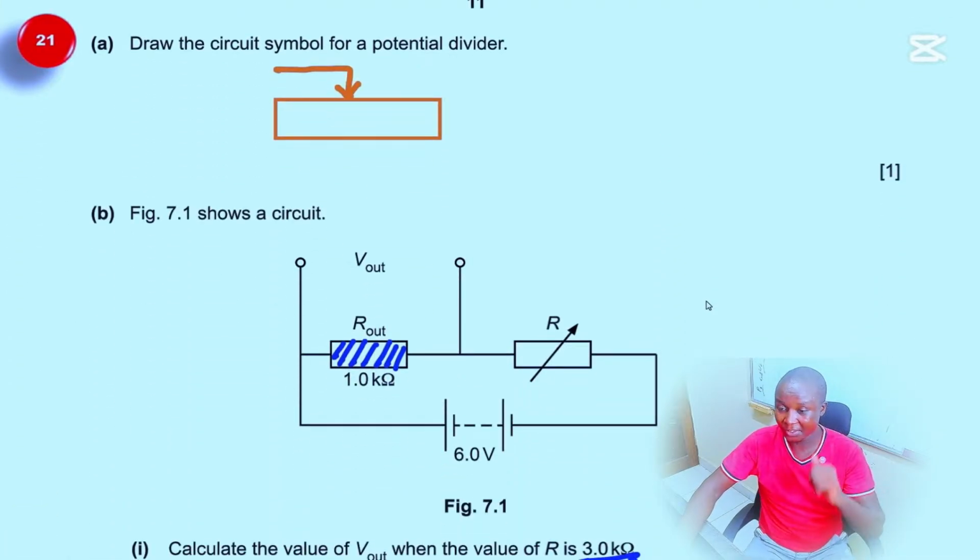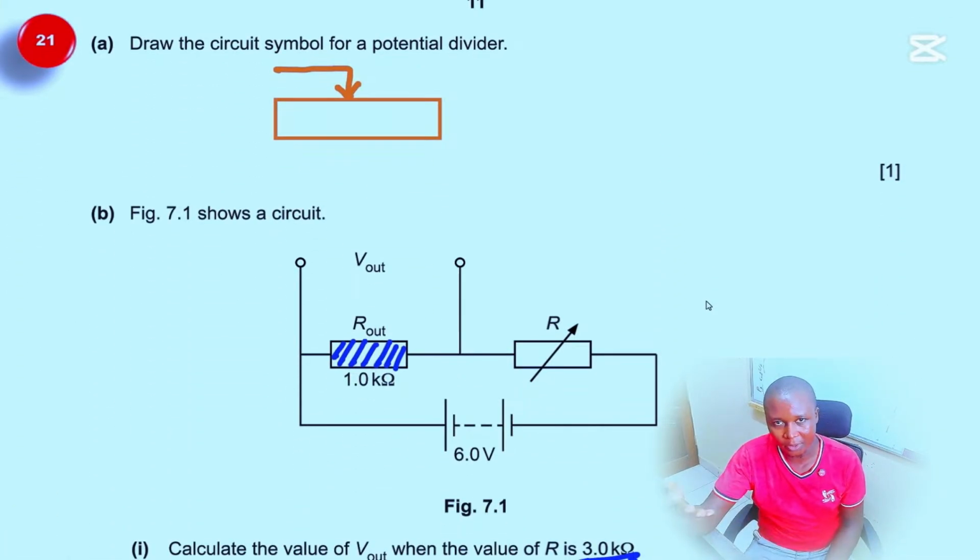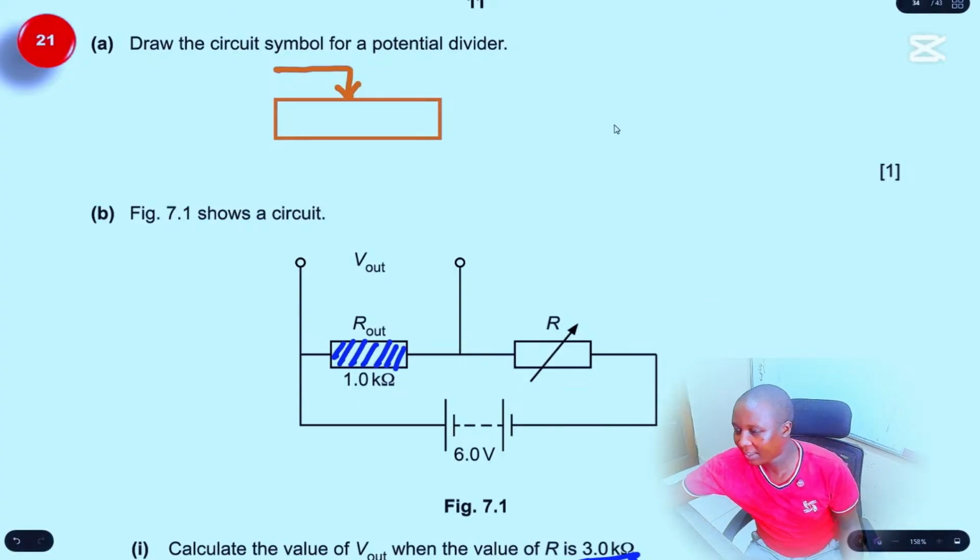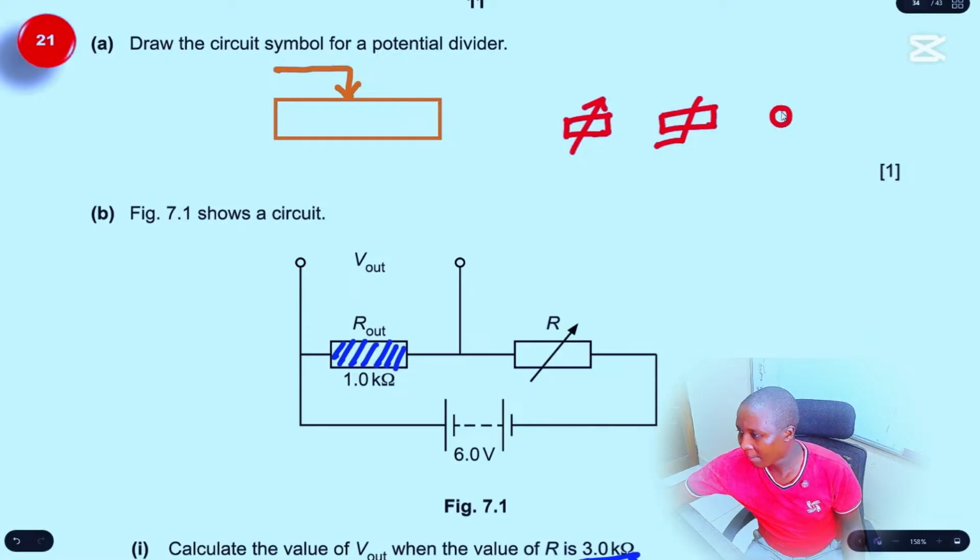Still in electricity, you may be told to draw the symbol of a potential divider. A potential divider is drawn like that. A variable resistor is drawn like that. A thermistor is drawn like that. A filament lamp is drawn like that, with an X inside.